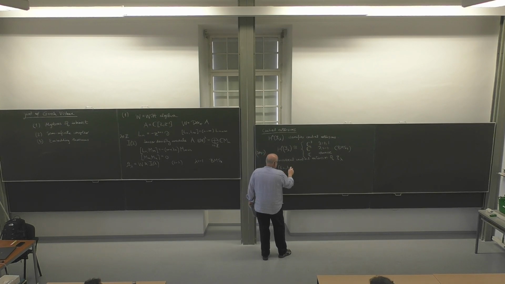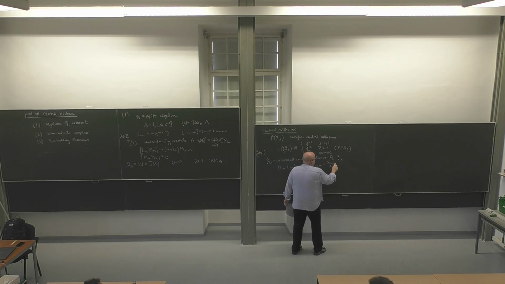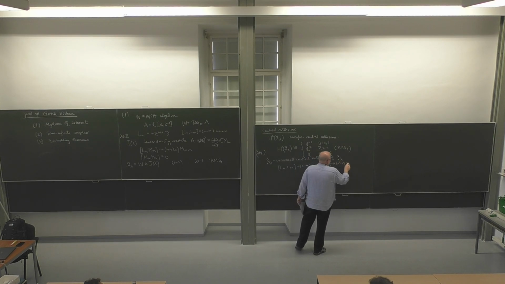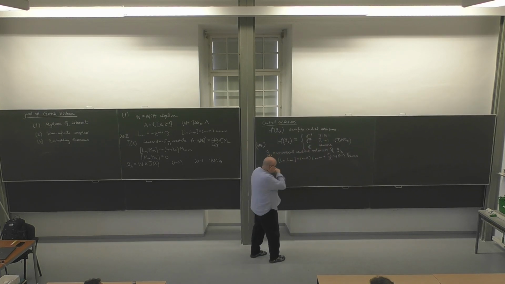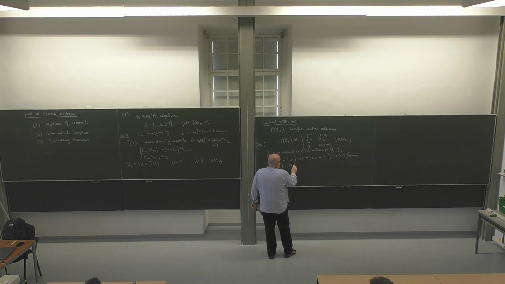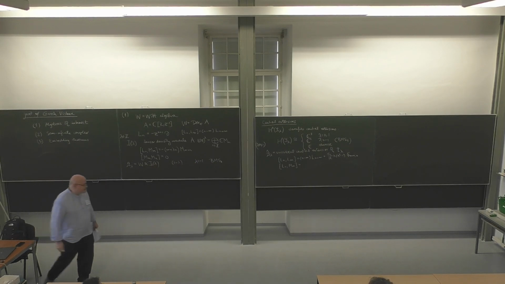So [L_m, L_n], delta n plus m. Then, okay, whenever I write something in red, it's going to be the lambda equals -1 case.